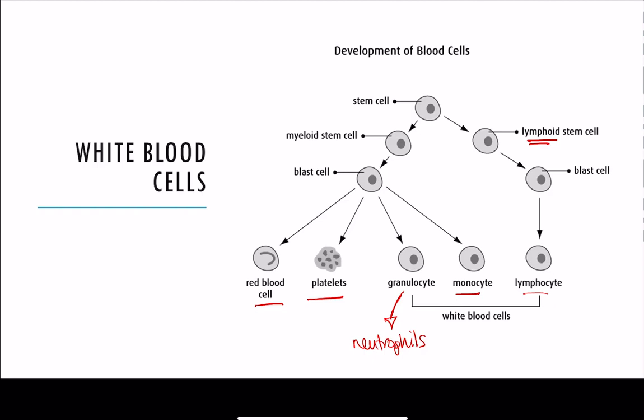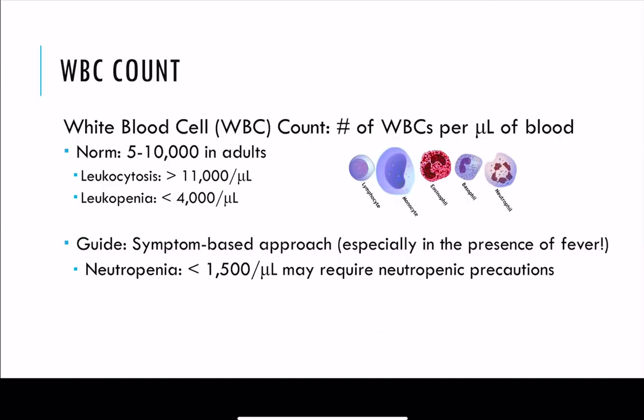The laboratory work that would measure white blood cells will give you a count of the number of mature white blood cells per microliter of blood. And it's important to know and think about the function of a white blood cell when we're interpreting a laboratory value here.